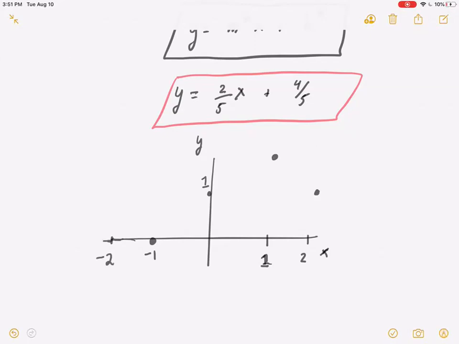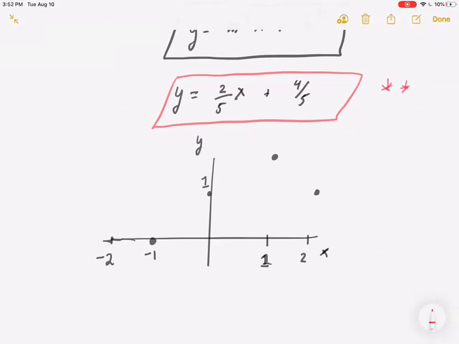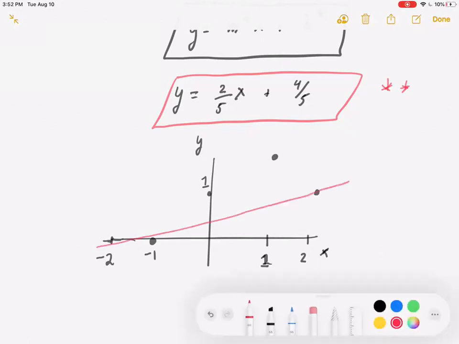And the reason why I'm doing that is that if you in fact take this equation for a line and graph it, you won't get that. Sorry, it's a little sloppy.